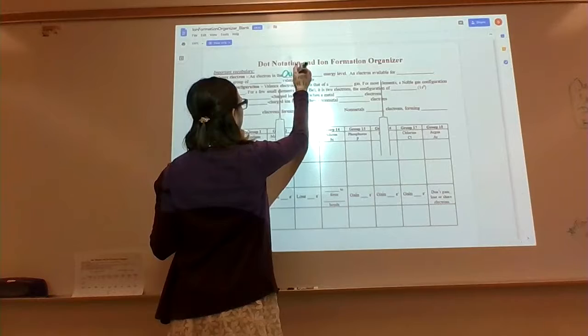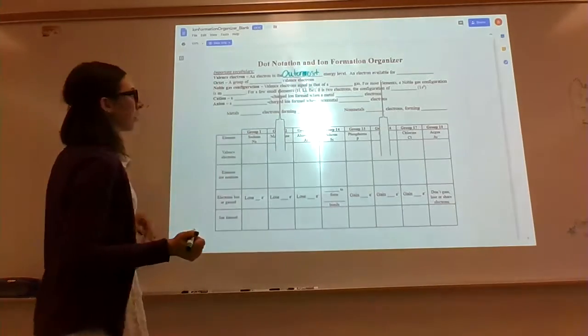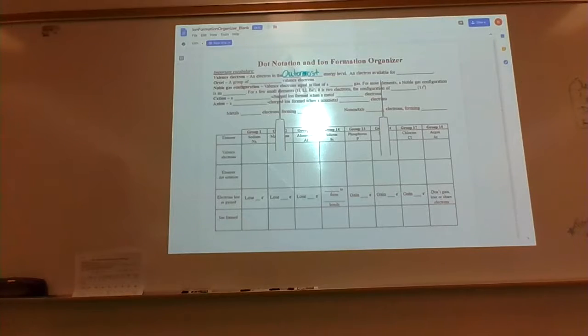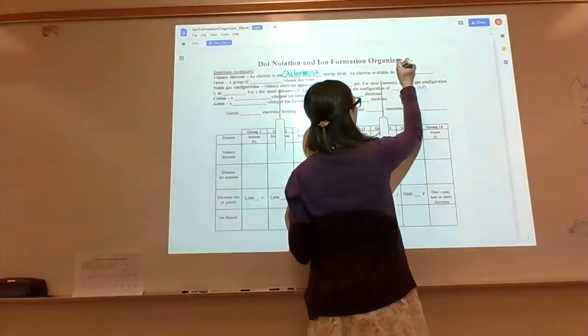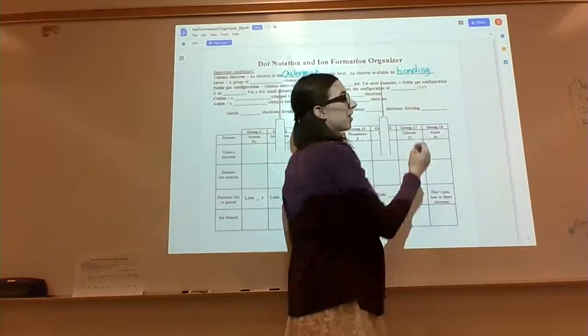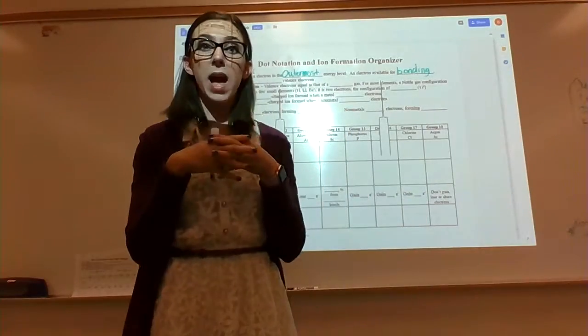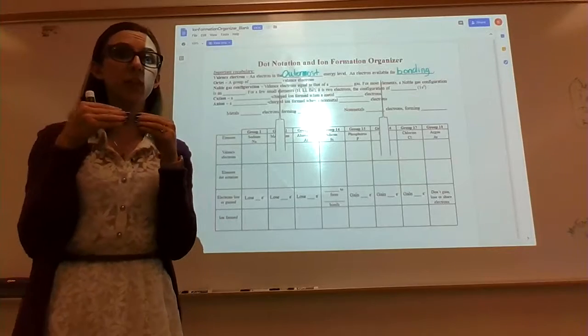Outer, O-U-T-E-R, M-O-S-T, outermost energy level. And this is an electron available for bonding. This is talking about how we can put them together. How does this singular atom become more than one stuck together? That's bonding.